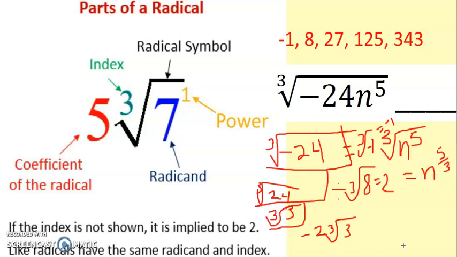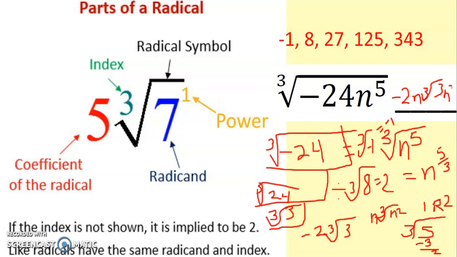There's going to be a remainder, so let's do our long division here. So we have 1 remainder 2. So that is going to be n to the 1st power cube root of n to the 2nd power. Let's put all this together. So we have negative 2n cube root of 3n to the 2nd power.